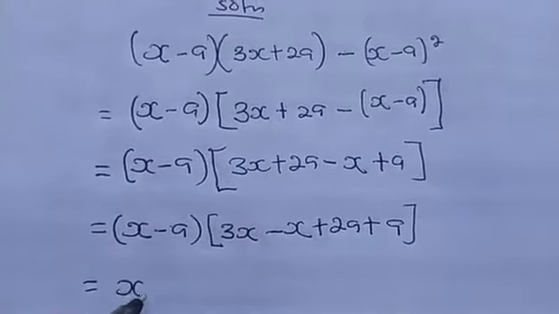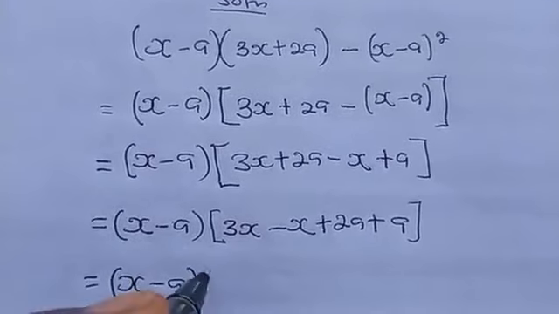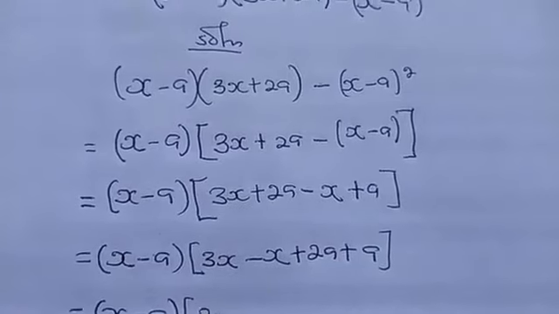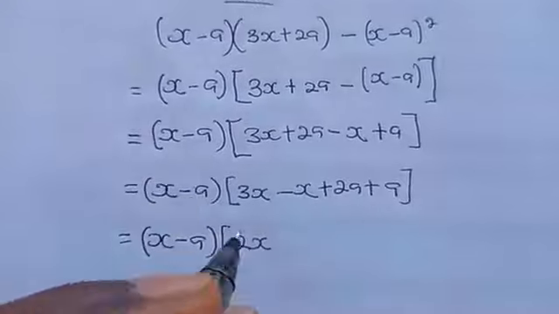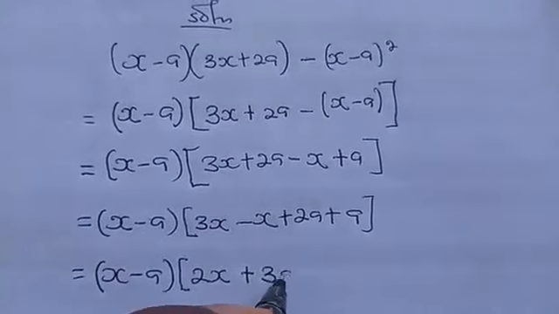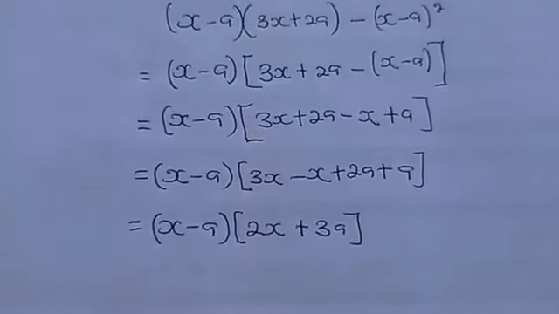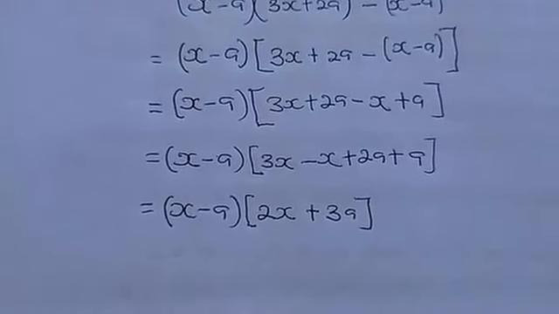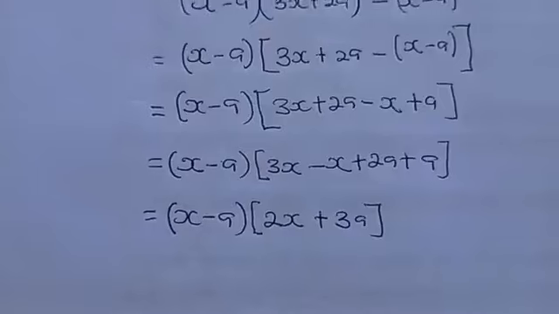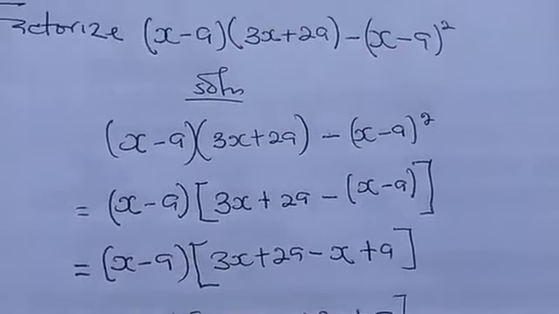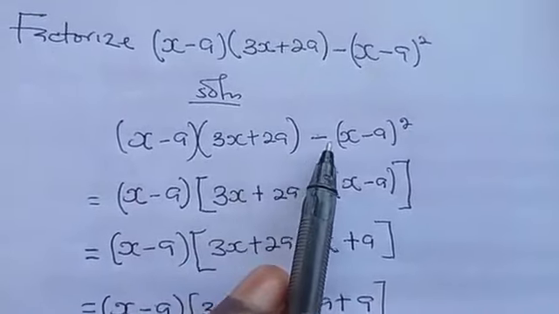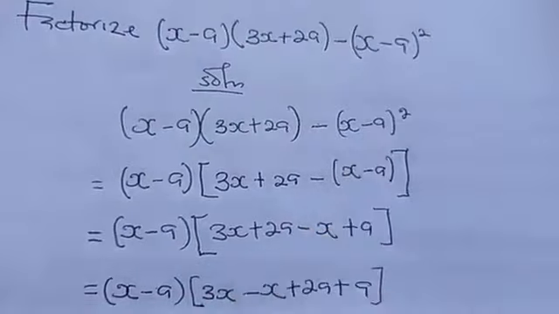Next, we have (x - a) into 3x minus x, we have 2x, while 2a plus a, we have 3a. So this becomes the factorized form of this algebraic expression, (x - a)(3x + 2a) minus (x - a) squared.